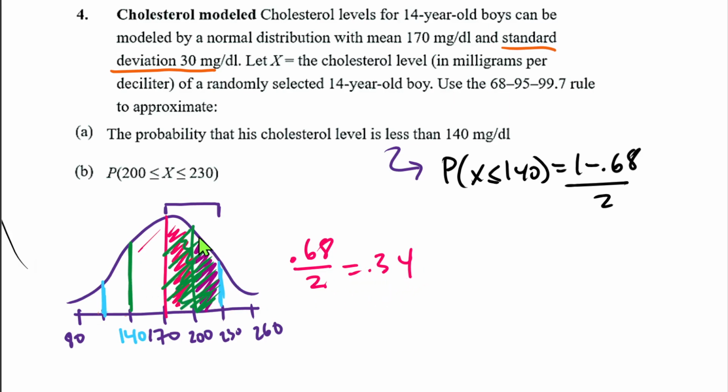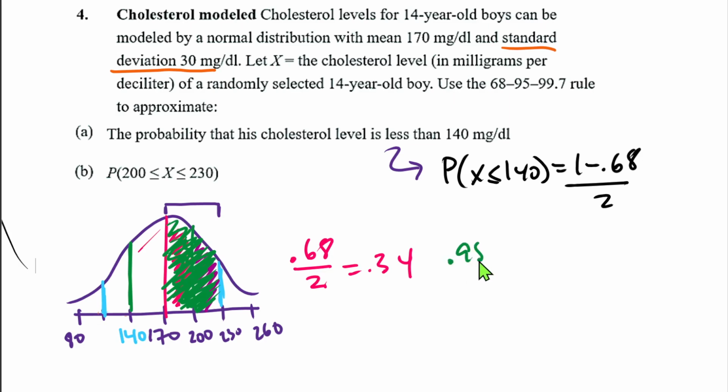Now this green area, which goes all the way over here, is half of 2 standard deviations. So the baby blue line represents 2 standard deviations. Well, 2 standard deviations is 0.955. And so this whole green area is half of that.